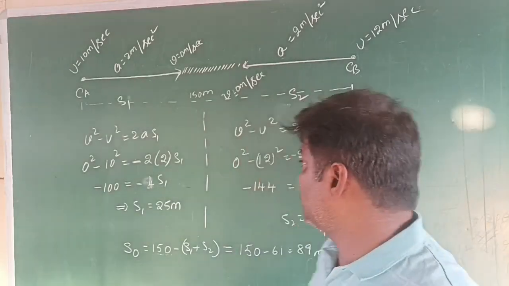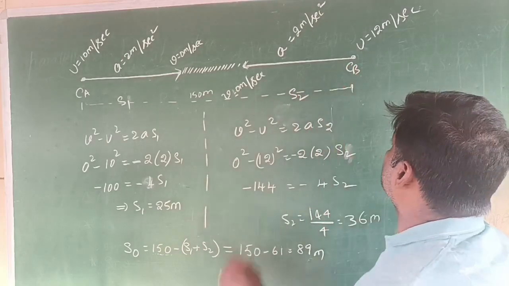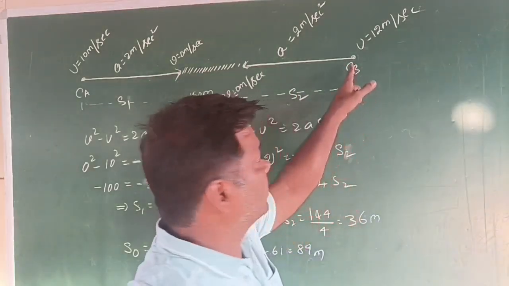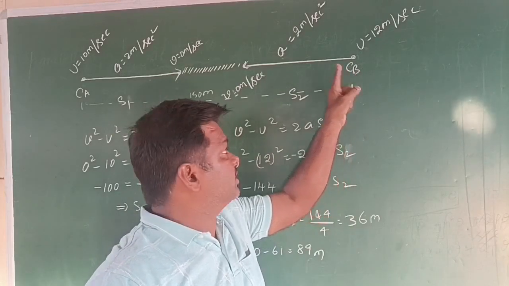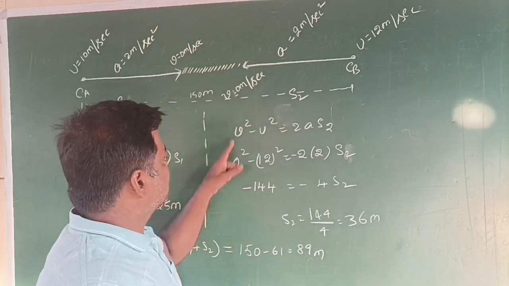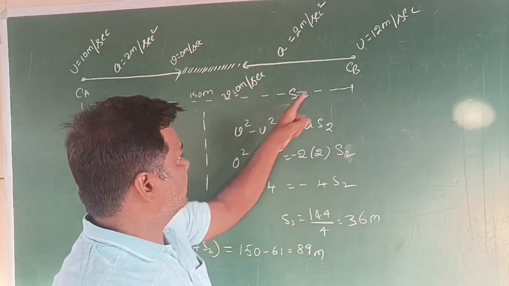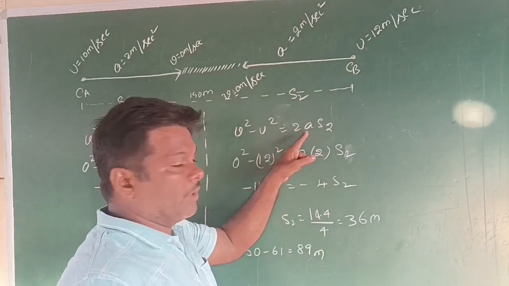Similarly, come on to this one. While it is traveling here, its velocity is 12 meters per second. He applied brakes, then its velocity reduces to 0. The same formula we are going to use: v square, 0 square minus u square, with initial velocity 12 meters per second, is equal to 2 into a.